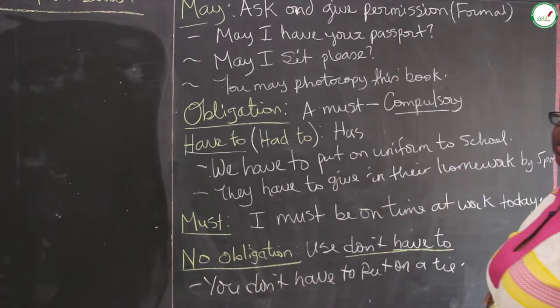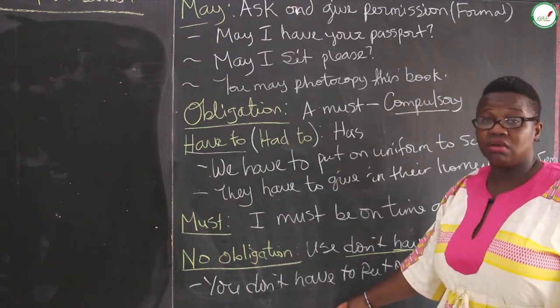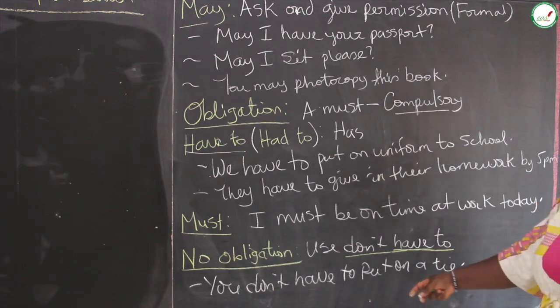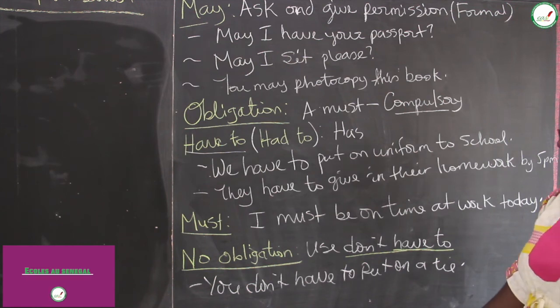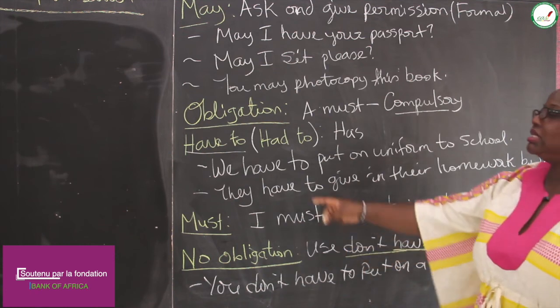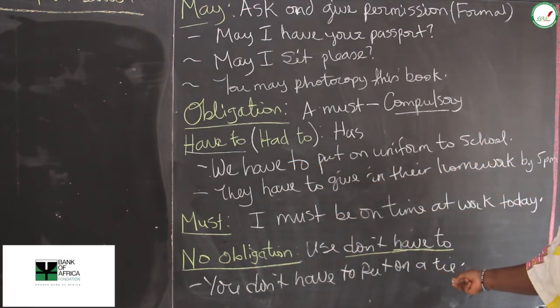You don't have to tie your hair. I don't necessarily have to go to work today. No obligation means you don't necessarily have to do anything. Here it's have to, but because it's negative, you don't have to.